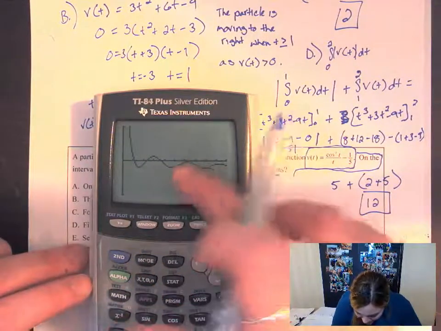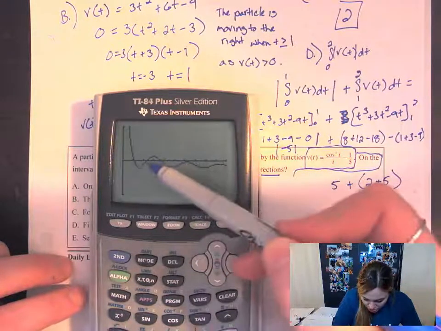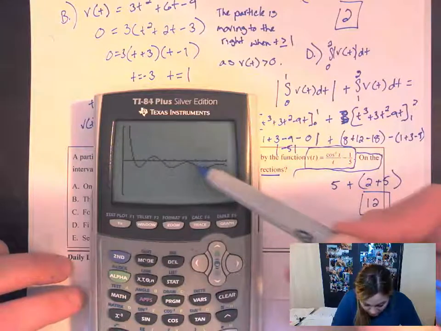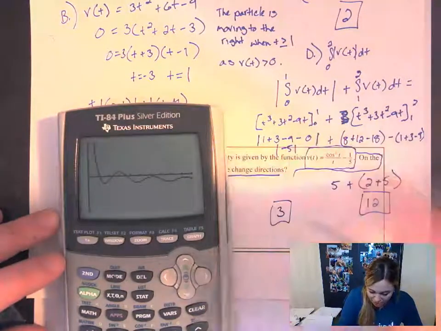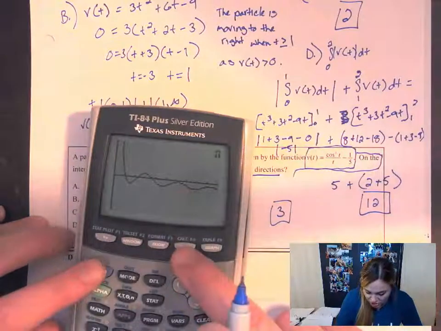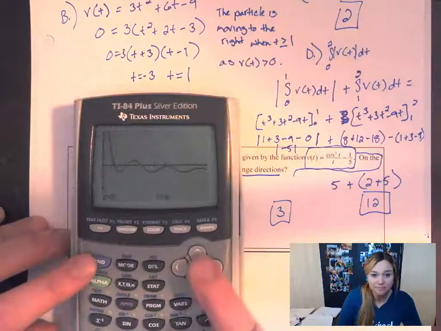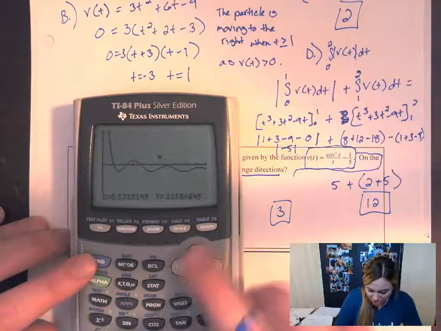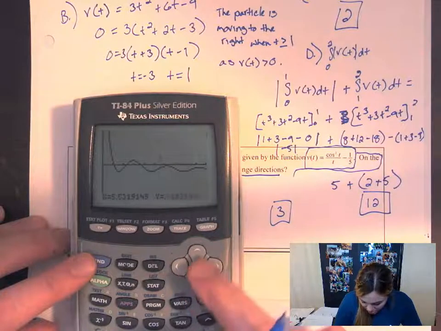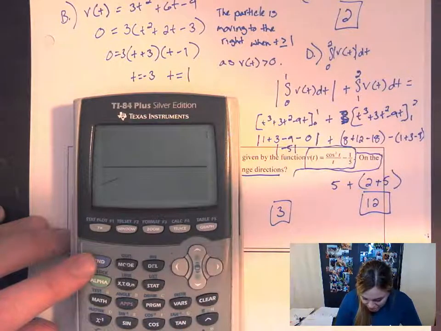And I might even need to go in a little bit further here, but it looks like I changed signs. 1, 2, 3, not here. So far I'm thinking 3, but I'm going to zoom in on that part just to make sure I don't change signs. So I'm going to do zoom and then box. And if I go up here, you see how there's a little cursor? If I push enter, I'm going to zoom in on this area just to make sure I didn't change signs and then I just couldn't see it.